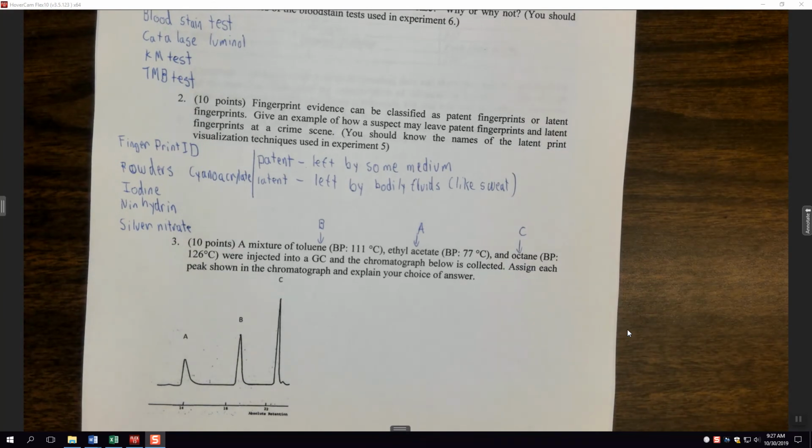And we explain our answer choice because the GC separates molecules based on boiling point, because at lower boiling points, at the same temperature of oven or same column temperature, a larger percentage of the molecules will go into the gas phase.